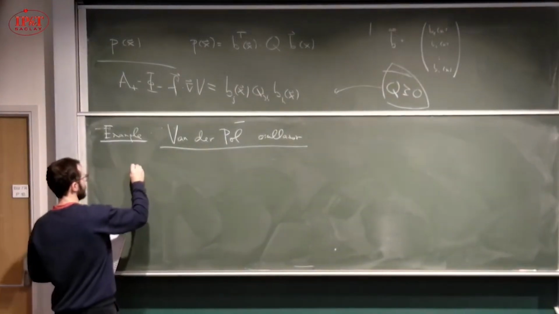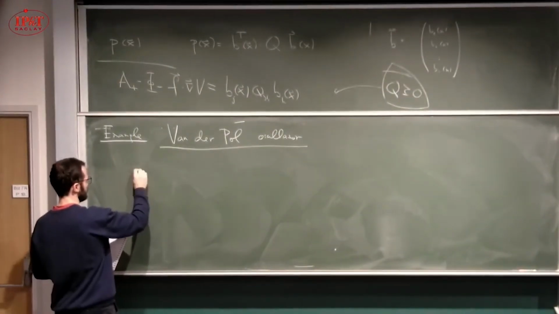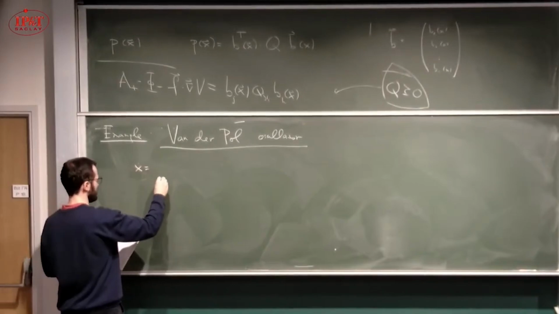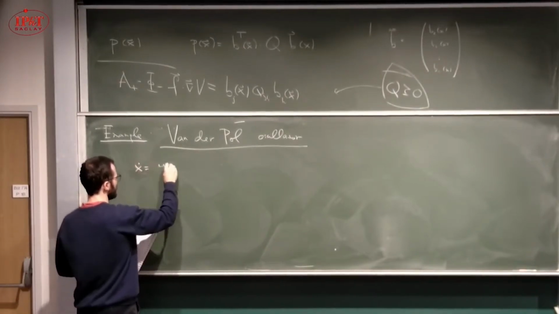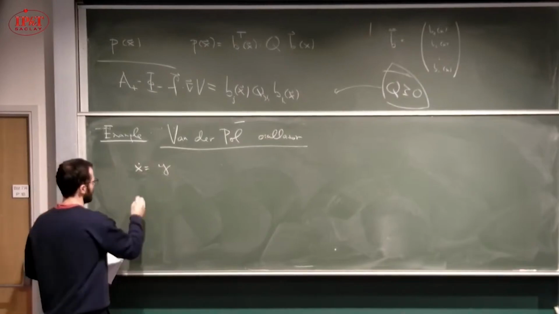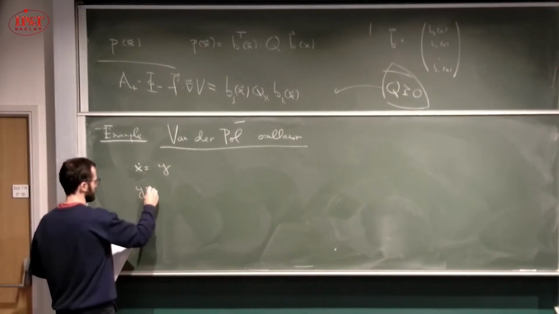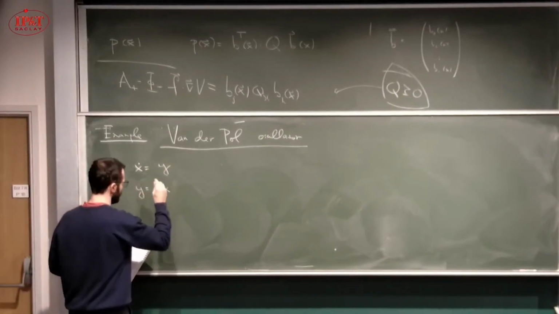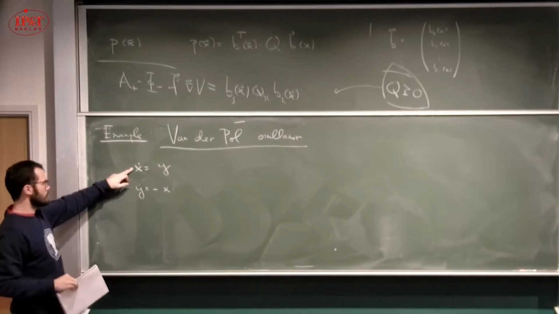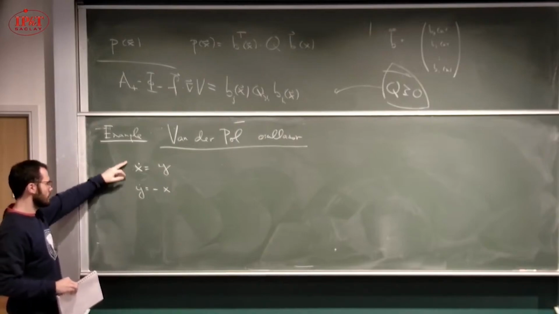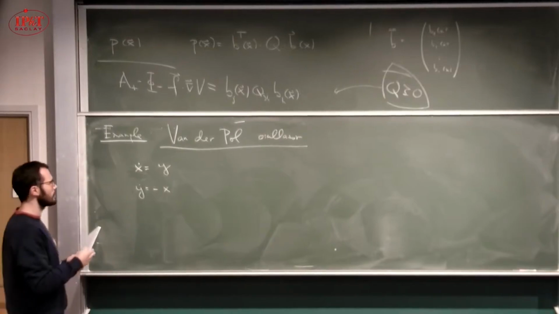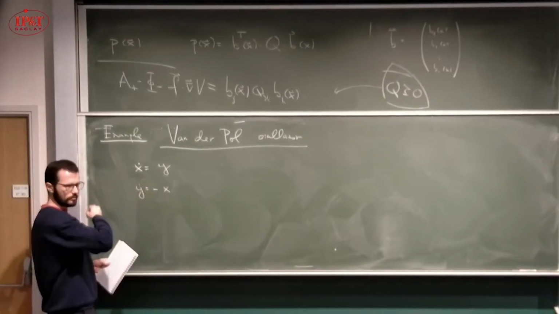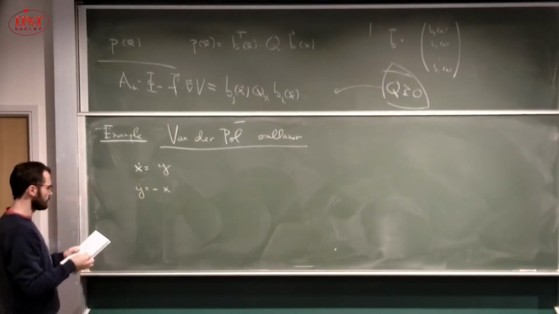Well, it's some slightly nonlinear deformation of the usual harmonic oscillator. The usual harmonic oscillator can be written in this way. For example, if you interpret x as the position and y as the momentum, these are the Hamilton equations for the evolution of the harmonic oscillator, and the trajectories are circles in R2.